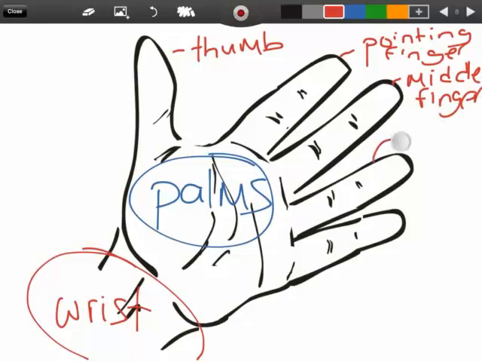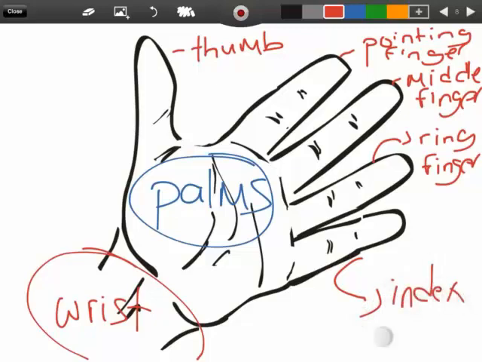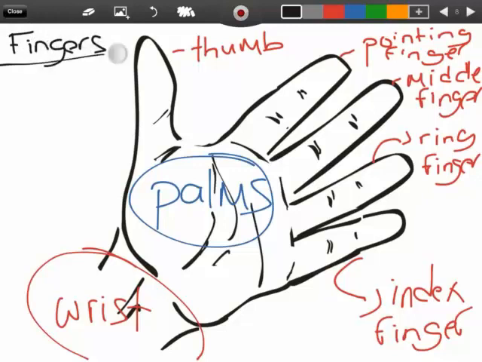This is our ring finger. And this here is our index finger. So I'm going to go ahead and write these out for you here. I'm going to go ahead and say fingers so you can see them much more clearly.